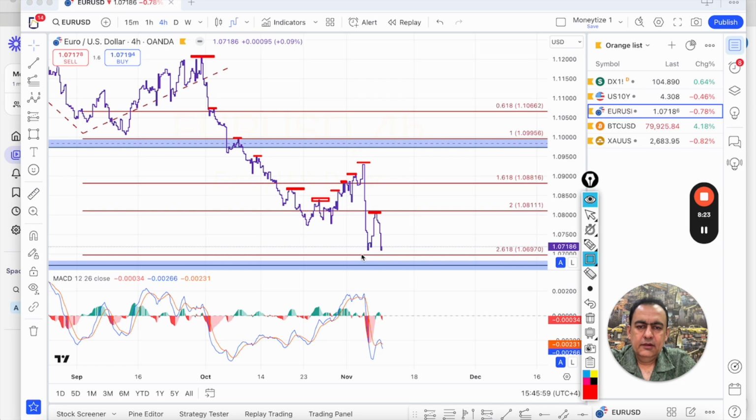I do not see the bullish divergence being completed at the moment, which means the sellers will remain in control, and I'm expecting that it's going to break below 1.06970, and the next destination is 1.06265.